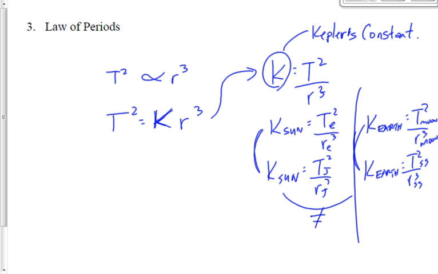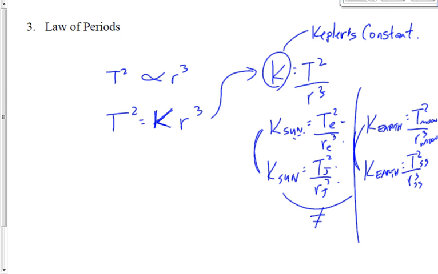So what? How is that useful to us? Seriously. Here's the deal. If we know data about the Earth, let's say, T squared, T and R for the Earth, we can get a value for Kepler's constant. From that, we can determine information about Jupiter. So we can actually use information about one planet to get information about another planet.